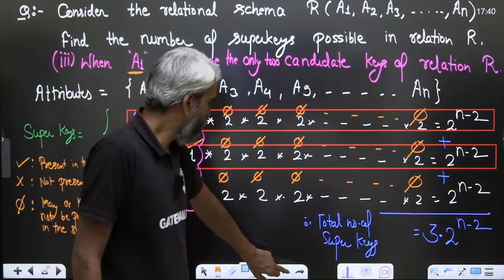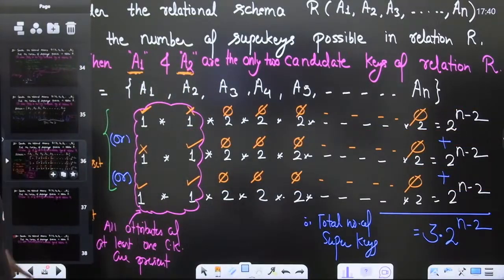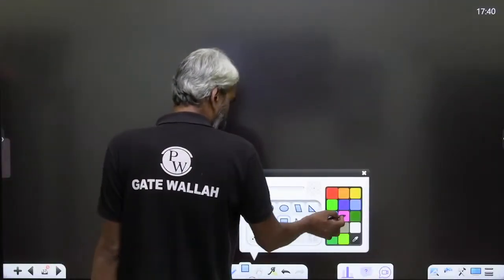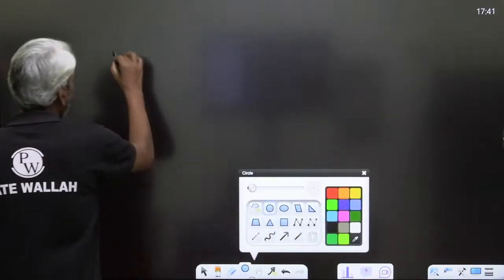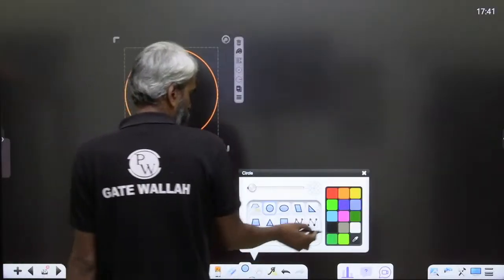Let me give you an easier version of the same thing. Principle of inclusion exclusion.